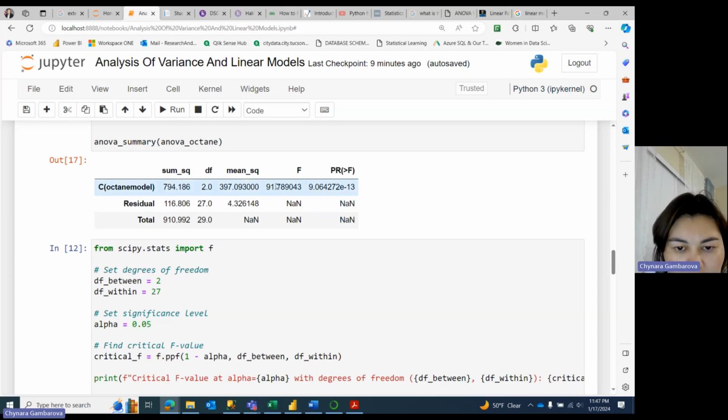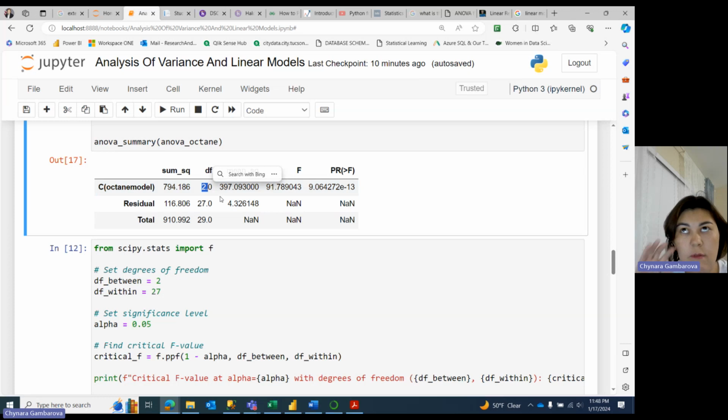So the bigger the F value is, the more confident we are to reject the null hypothesis. And here you can see we have our degrees of freedom. We know that we have 3 levels, 3 categories, which we can call 3 treatments, and the degree of freedom is 3 minus 1, so it's going to be 2.